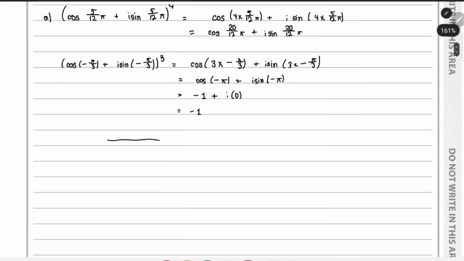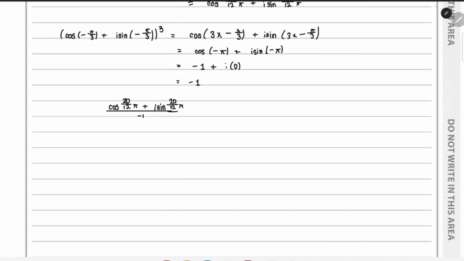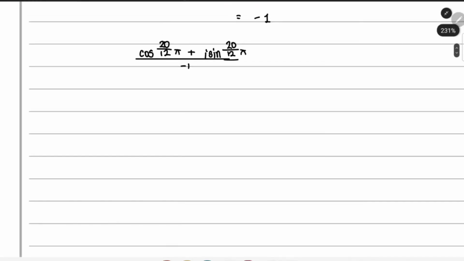So the whole expression can be written like this: cos 20 by 12 pi plus i sine 20 by 12 pi divided by minus 1. So over here we get minus cos 20 by 12 pi minus i sine 20 by 12 pi.